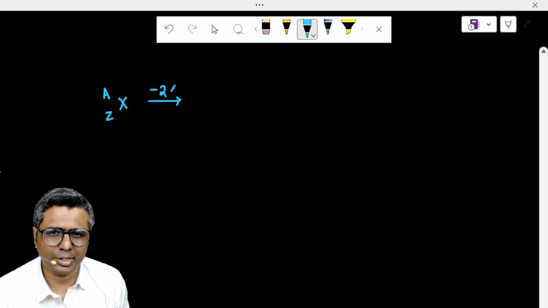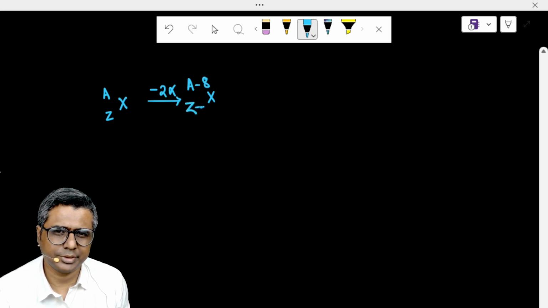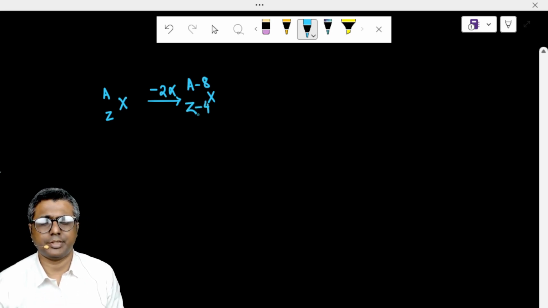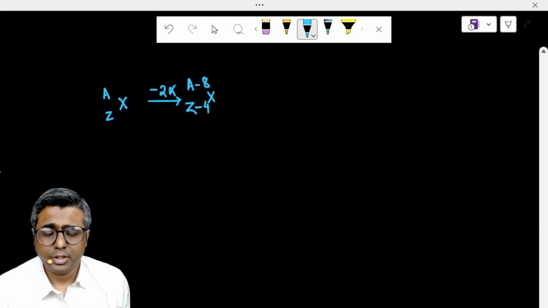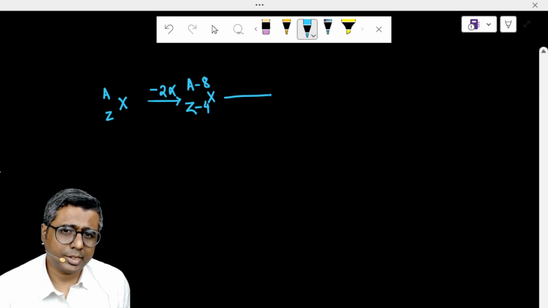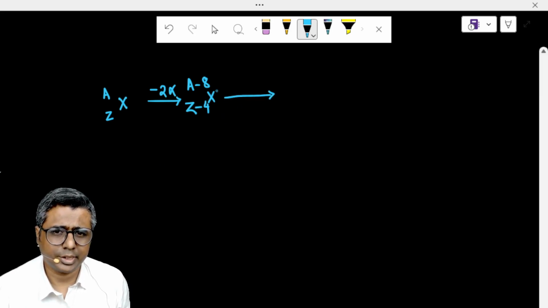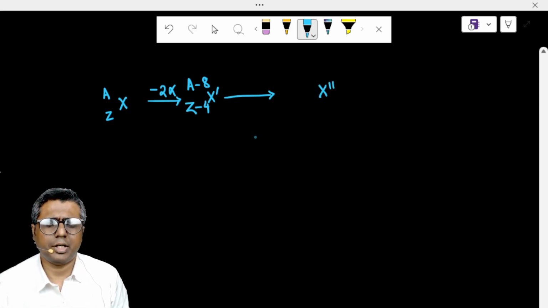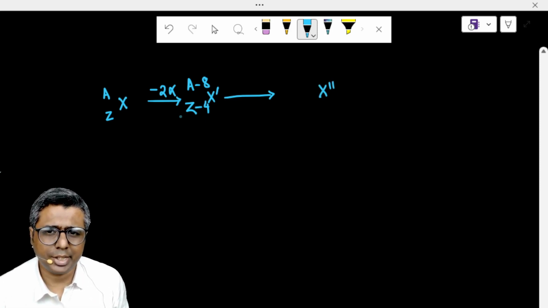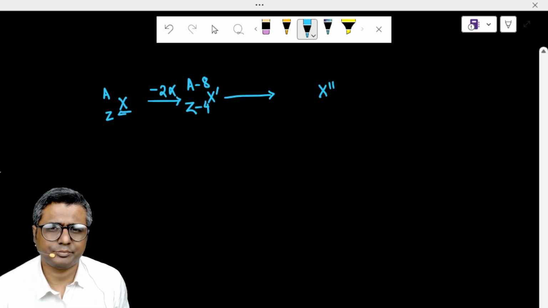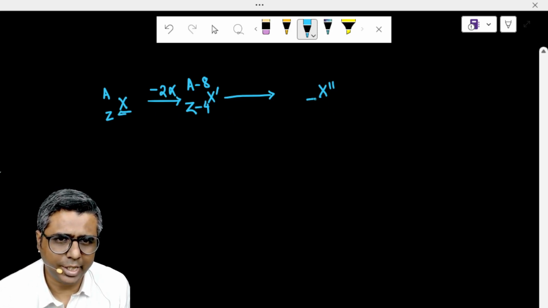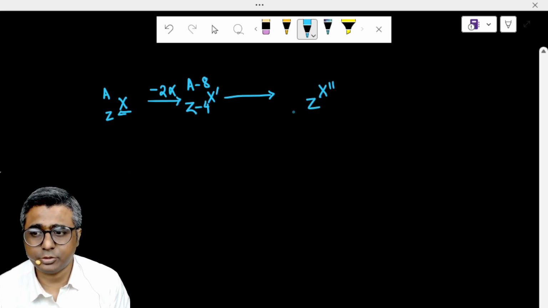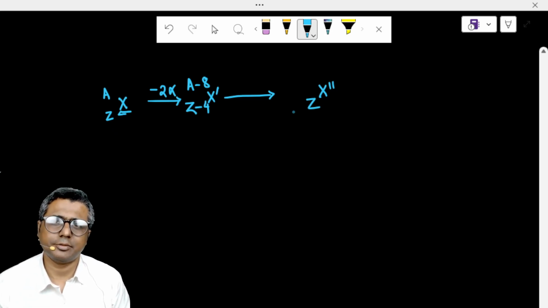If it loses 2 alpha particles, that means the mass number becomes A minus 8 and the atomic number becomes Z minus 4. The question is how can you make an isomer, say this is X dash, this is X double dash. So how can this X double dash be an isomer of X? That means this has to have the atomic number Z, correct?